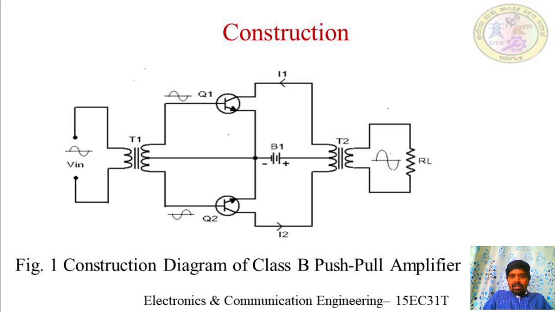If you observe here, we apply one of the signals to the base terminal of transistor Q1, and at the same time we apply the other sinusoidal signal to the base of transistor Q2. The difference between the signals applied to the bases of Q1 and Q2 is that they are 180 degrees out of phase with each other.